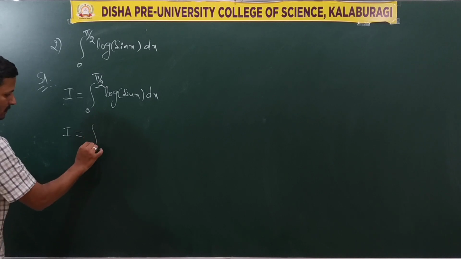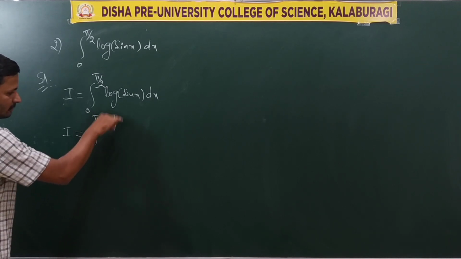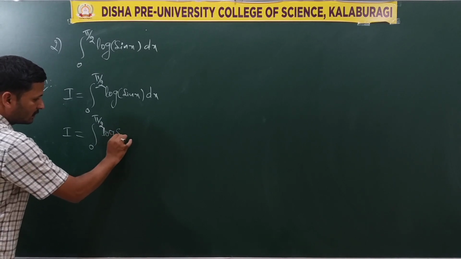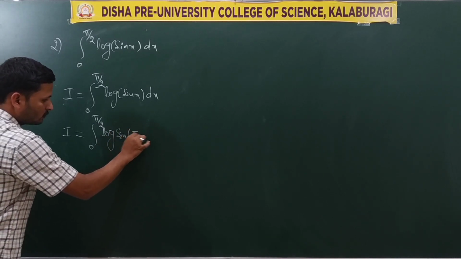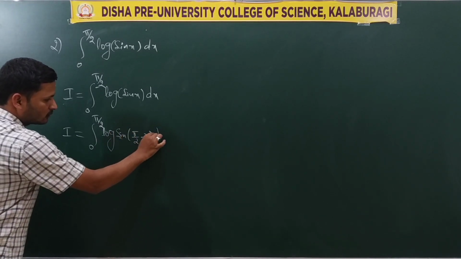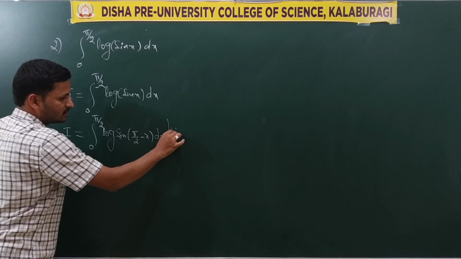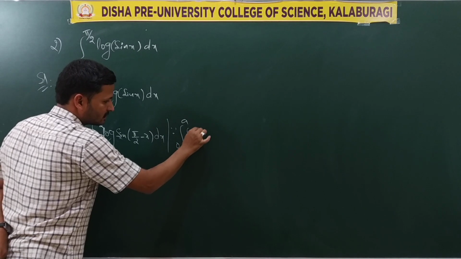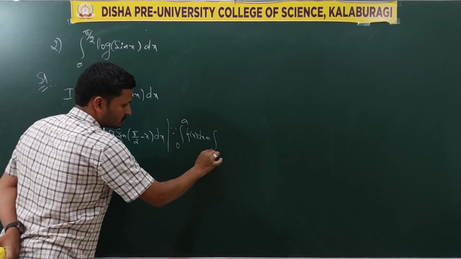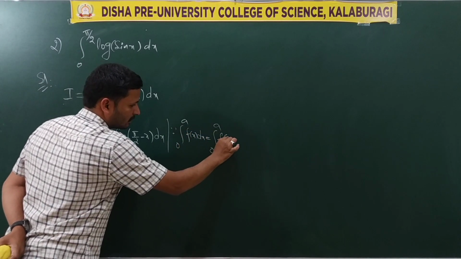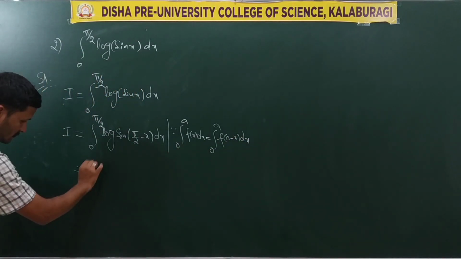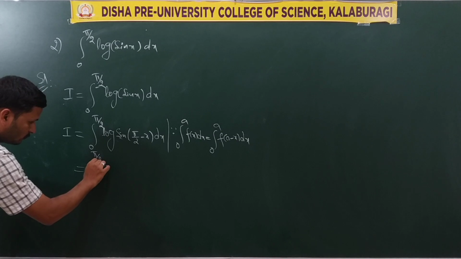So using the property, integral I can be written as log of sin of pi by 2 minus x into dx, since property 5 says 0 to a f of x into dx is equals to 0 to a f of a minus x into dx.